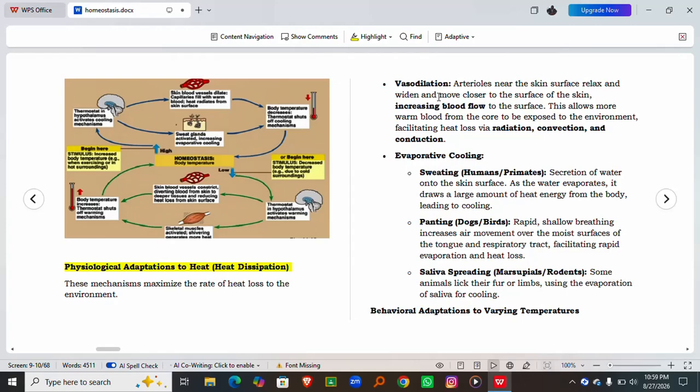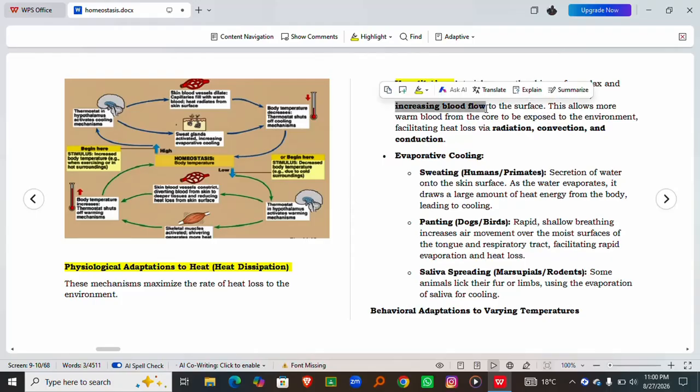So in vasodilation, the blood vessel is going to dilate. For the word vasodilation, vaso means a blood vessel, then dilation means the blood vessel is going to dilate, is going to increase in what? In diameter. So the blood vessels increase in diameter so that there is increased blood flow to the surface of the skin.